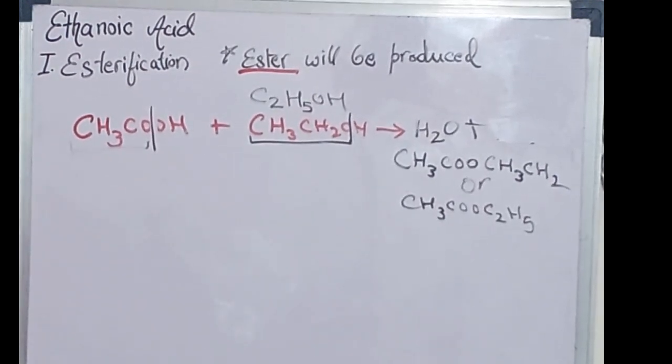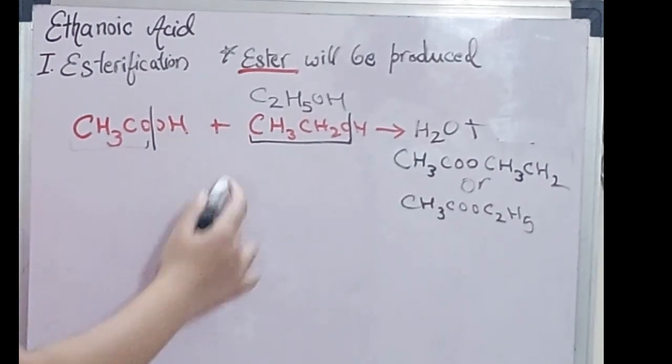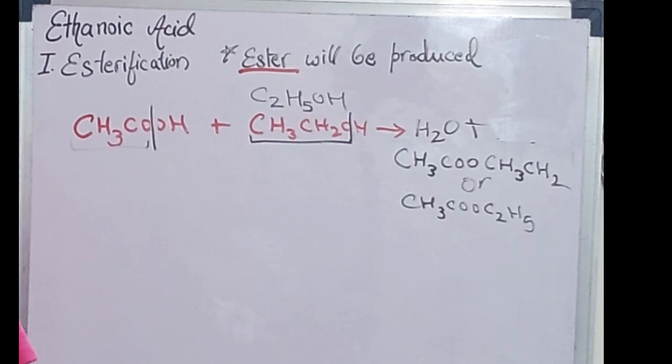Like if I write my name Reeti in small letters or in caps, it will be Reeti, right? Or if I change the font, it doesn't matter. In the same way, these both are the same. You all know that. If you're having any doubts, it will be nice if you go back to the video of functional groups.